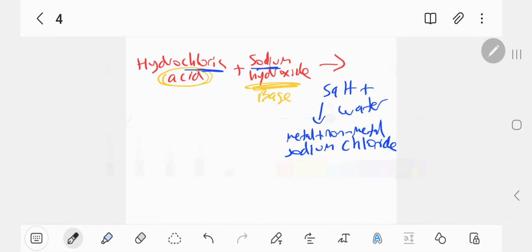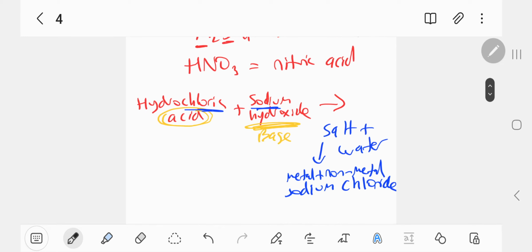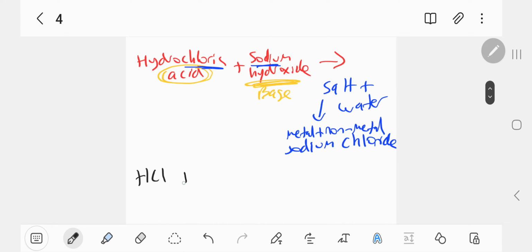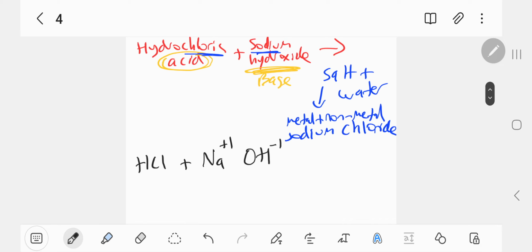Step number 4 is to write down the chemical symbols. Now, hydrochloric acid is HCl. Sodium hydroxide, Na and OH. Now, Na is sodium. It's in group 1, so +1, that's the valency. Hydroxide is -1. We need to write valencies because when you split a compound, which is neutral, into its constituents, you get ions.